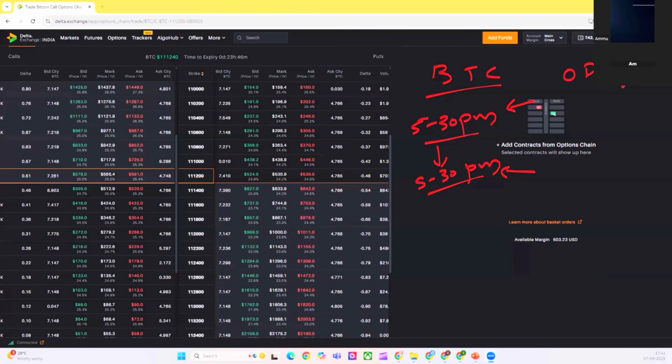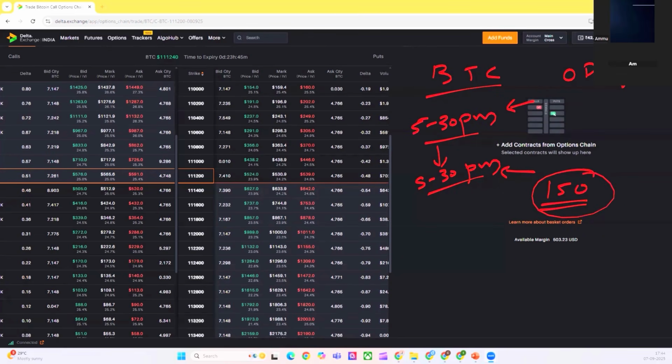Now the advantage with Bitcoin is the premium is so high. Bitcoin is so volatile, so IV is also playing a bigger role here. So the premium is so high. If you look at Bank Nifty on expiry day, you may be getting a premium like 150 if you come in the morning and see the Bank Nifty on expiry day.